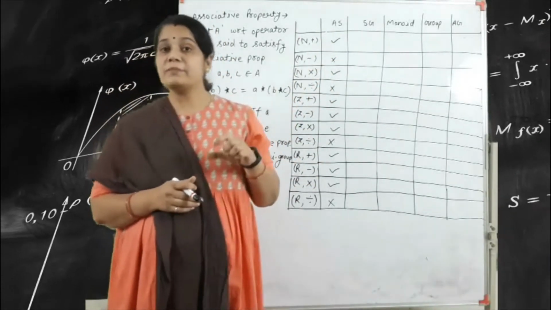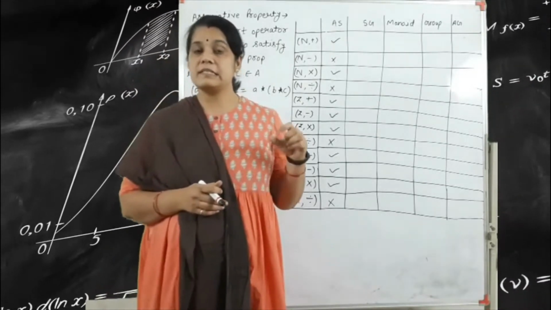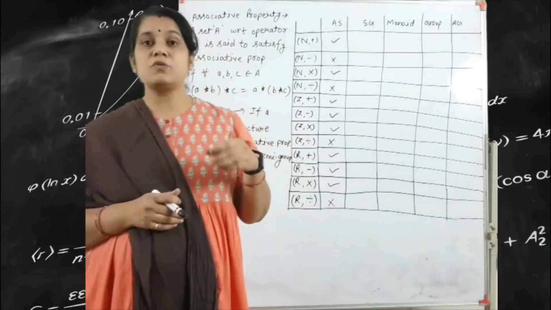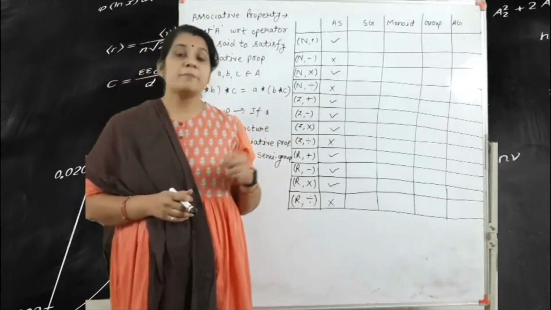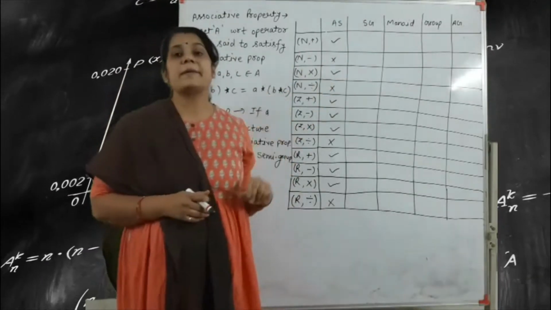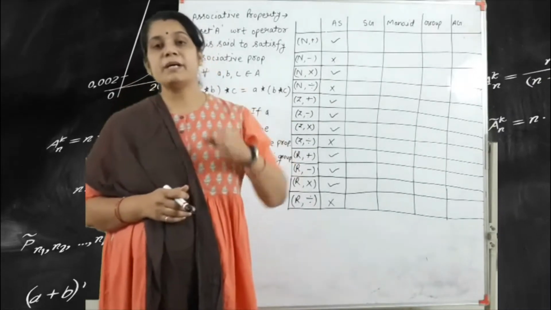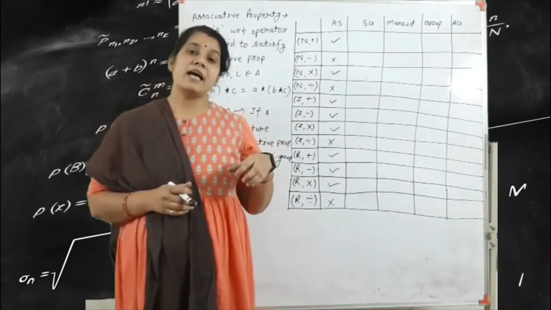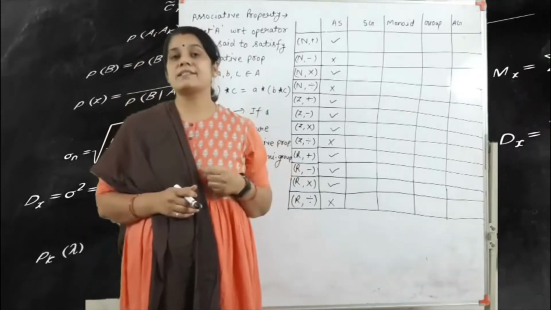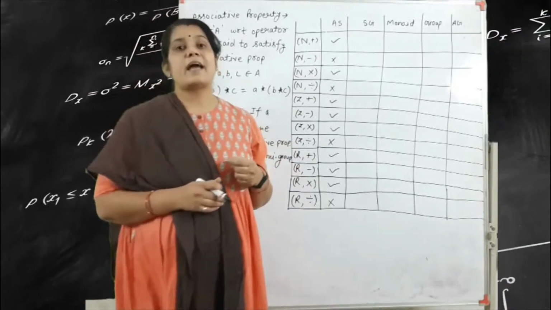What do we mean by the algebraic structure? That means the set A with respect to any operator satisfies the closure property. Next one is the semi-group. What do we mean by the semi-group? If set A satisfies the associative property, then we can say that this is a semi-group.